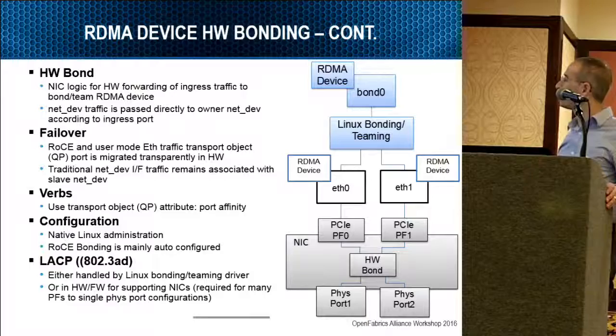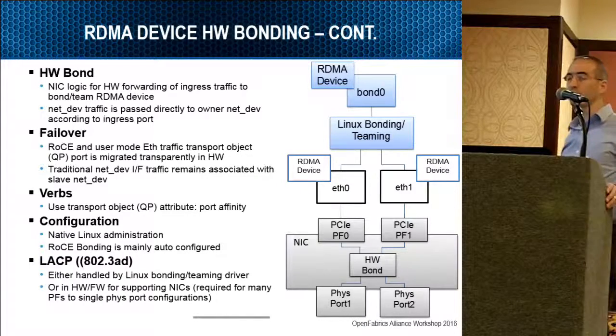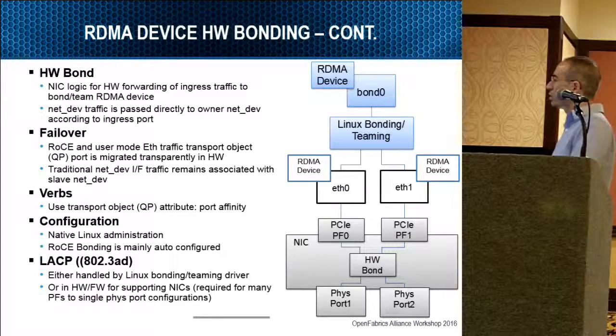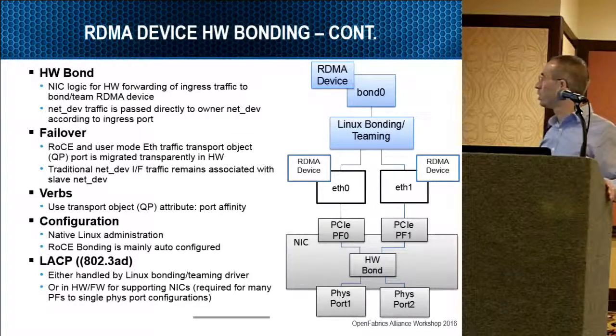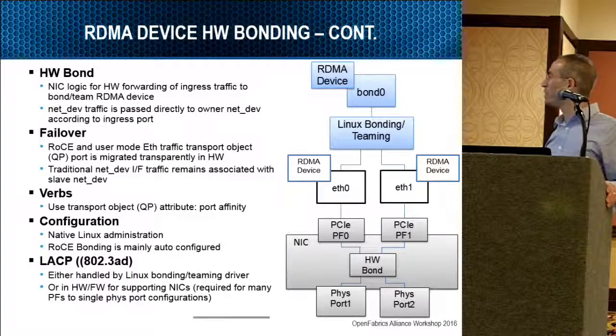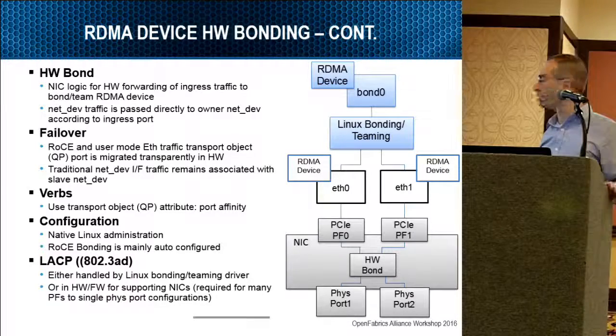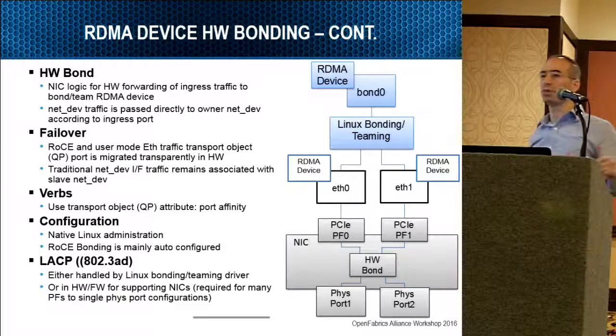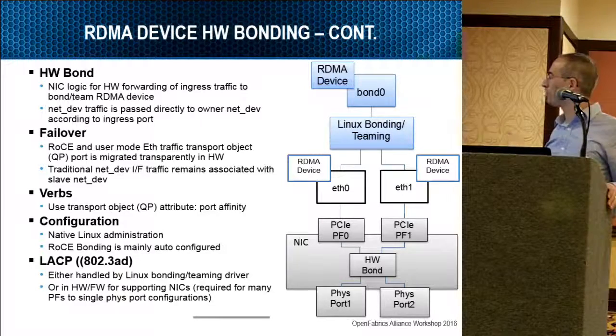Then we've added an attribute we called port affinity or entropy, that you can give the hardware a hint which physical port you would like to use. It's not a mandatory attribute, it's optional, but customers would like to use that so they can better load balance the ports. If they detect that one port is too busy, then they can create new transport objects on top of the other port.